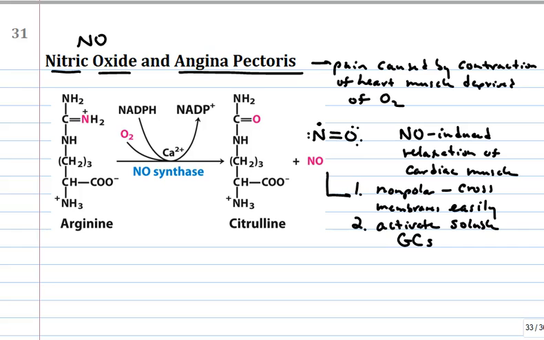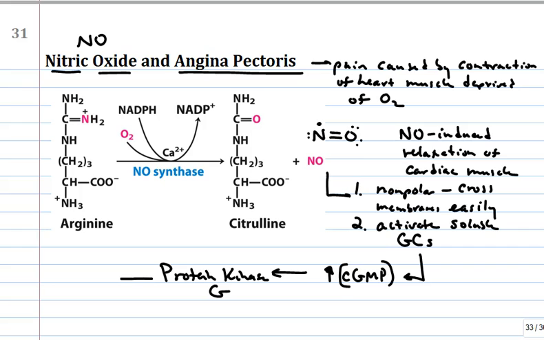And basically, if you activate soluble guanylyl cyclases, then what happens? Well, you're going to increase the concentration of cyclic GMP. If you do that, I guess we're on a detail train, buckle up, you're going to activate protein kinase G.